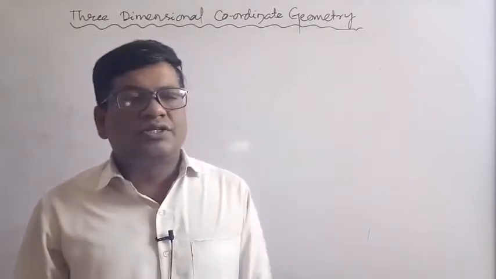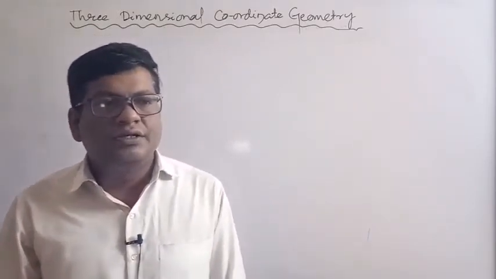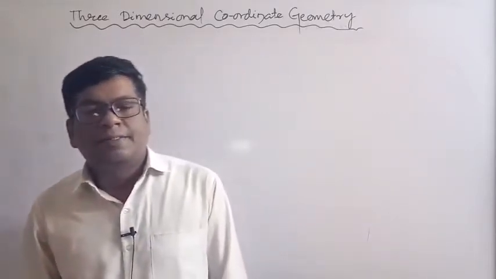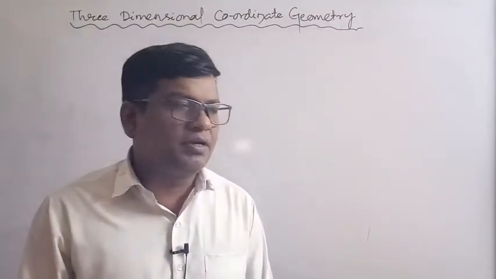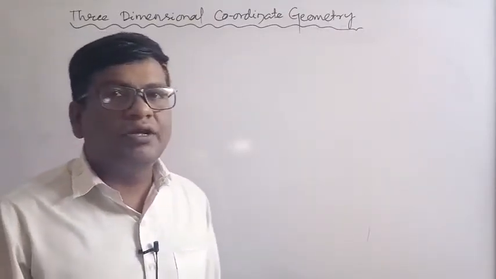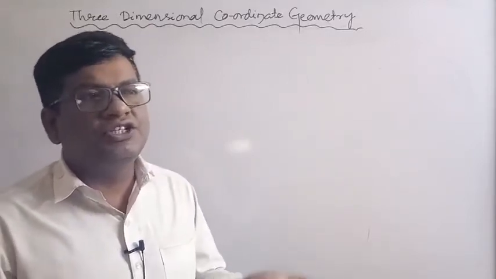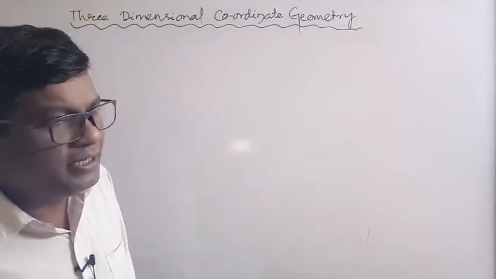In the last class we discussed the fundamentals of vectors, dot products and cross products, etc. Today we are going to discuss three-dimensional coordinate geometry, that is, geometry studied in space using algebra.